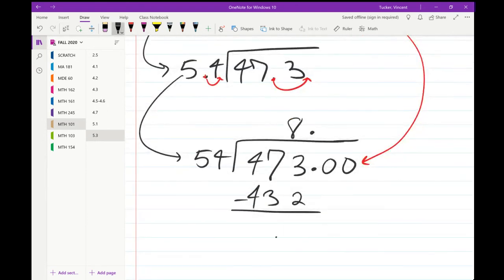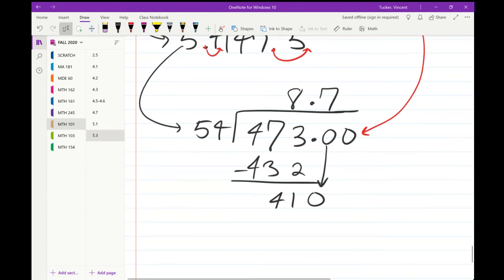Do your subtraction. That's 4, 10. Bring down that 0. 54 goes into 410 7 times. So that's going to be 378.